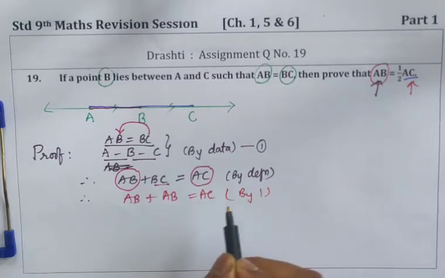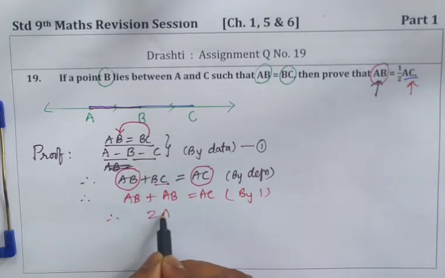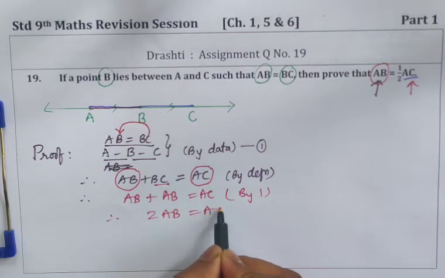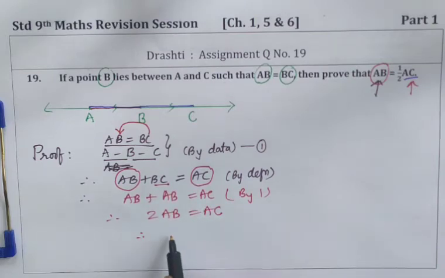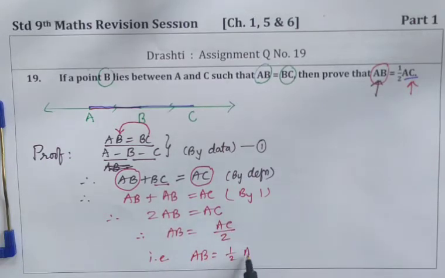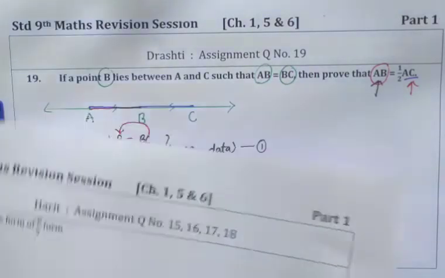Now AB plus AB is 2 times AB, that is equal to AC. Taking 2 to the other side, AB is equal to AC divided by 2, i.e. AB is equal to half of AC. Proved? So understood? Alright.